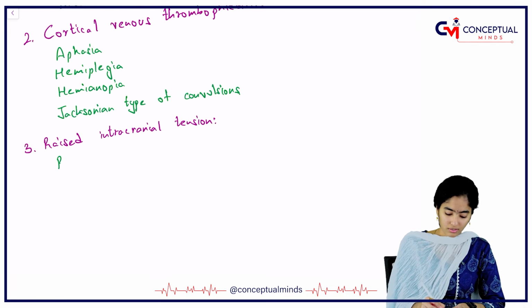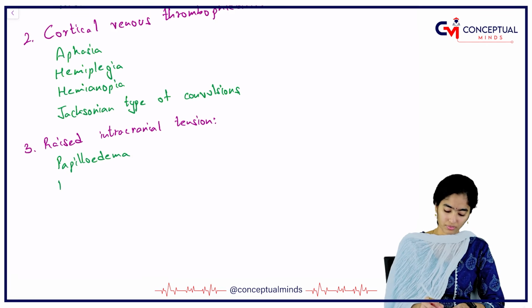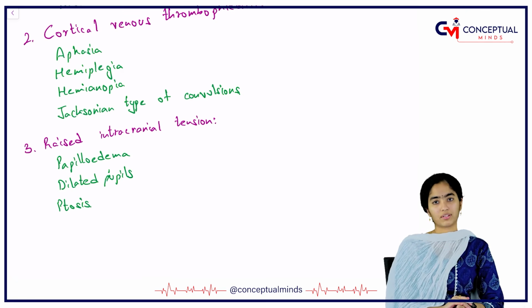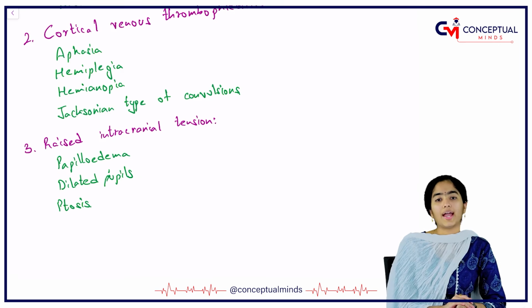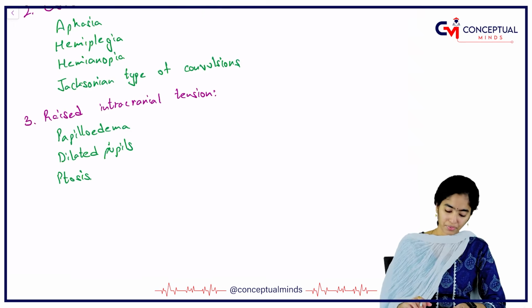You can see that by ophthalmoscopy. Dilated pupils, ptosis, because of the third cranial nerve involvement, these eye features are seen. And even other cranial nerves can also get eventually involved.